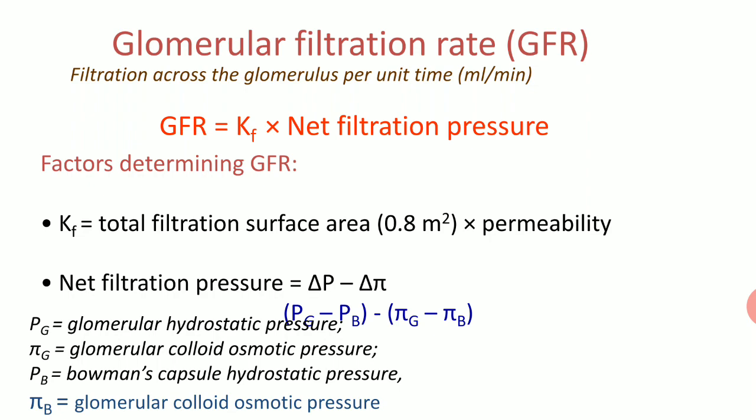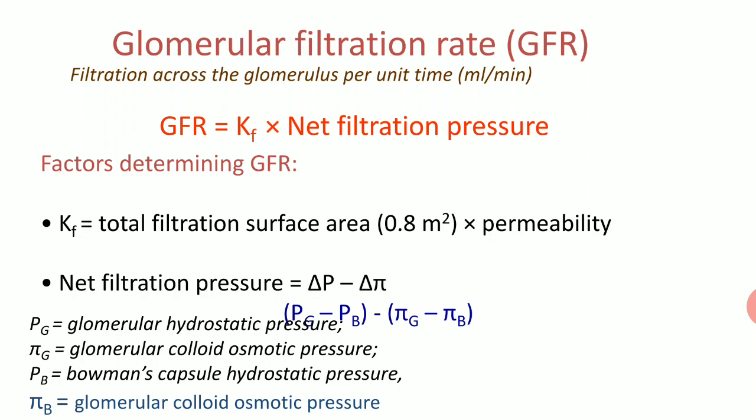So, the capillary hydrostatic pressure minus the Bowman's capsule pressure. B is Bowman's capsule because your glomerulus is in the Bowman's capsule. So the pressure of the Bowman's capsule will be known as Bowman's capsule hydrostatic pressure.